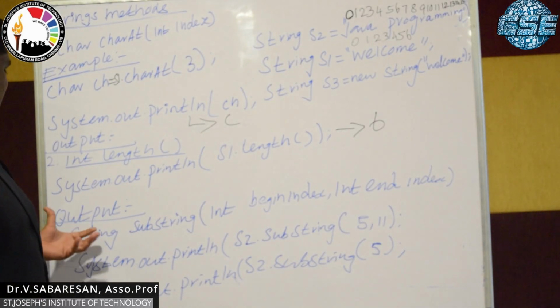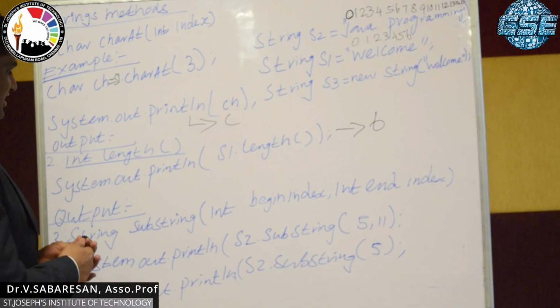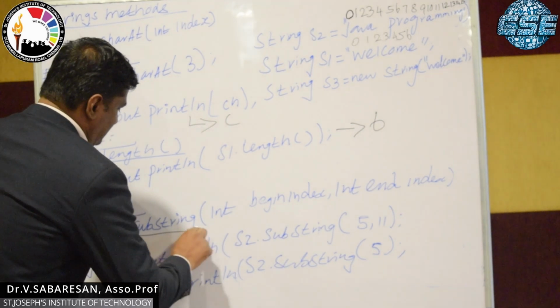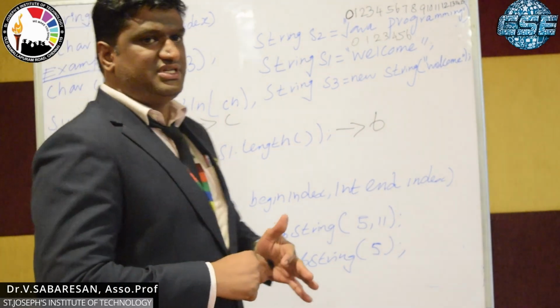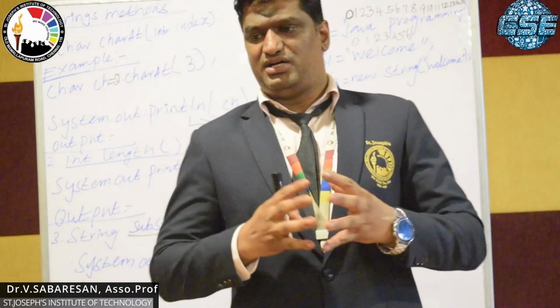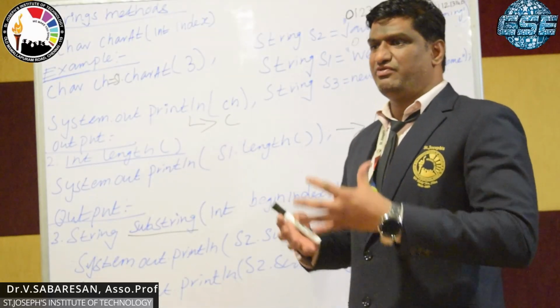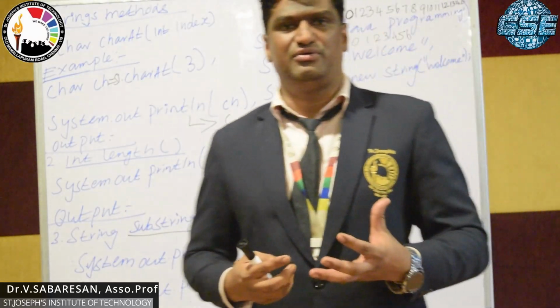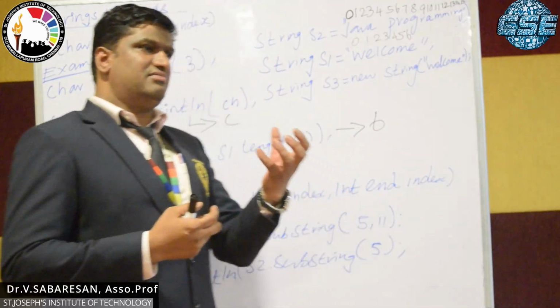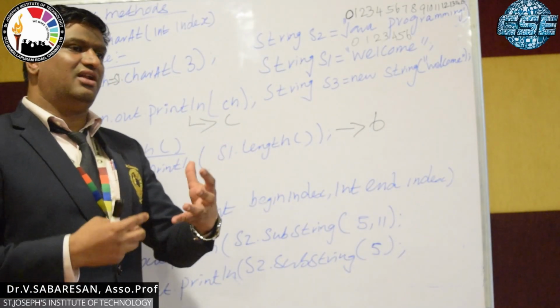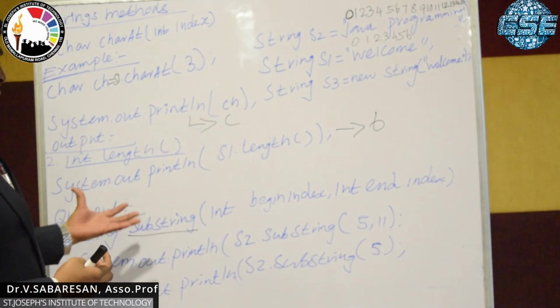The next method we discussed is the substring method. The substring method is going to return a subset of a larger string. If you want to return some subset of the string from the large string, the substring method is helpful.